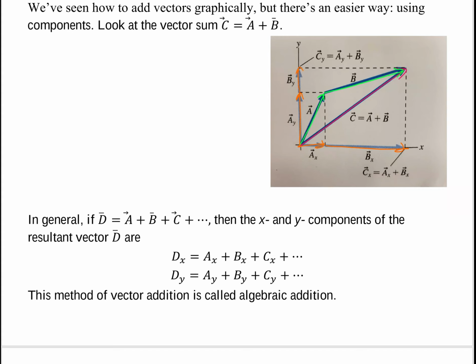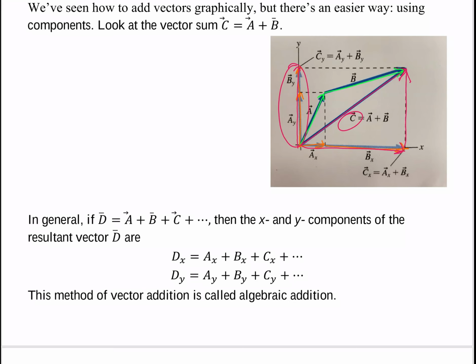And in the end, what do I get? I get vector C. This sum will be C sub x, and this sum will be C sub y. If I put them tip to tail, I get vector C.